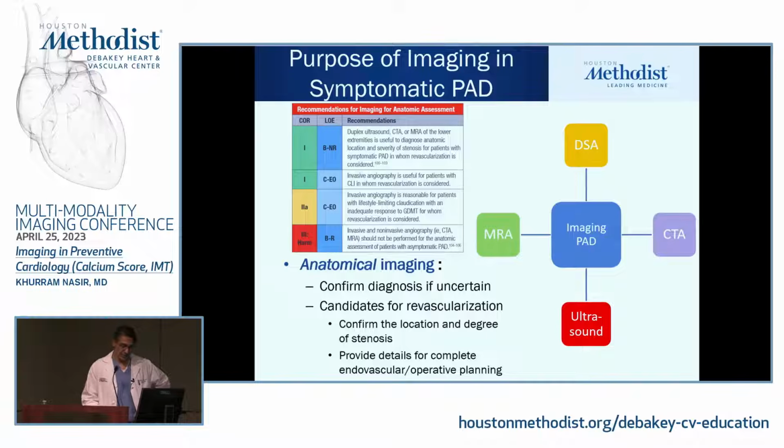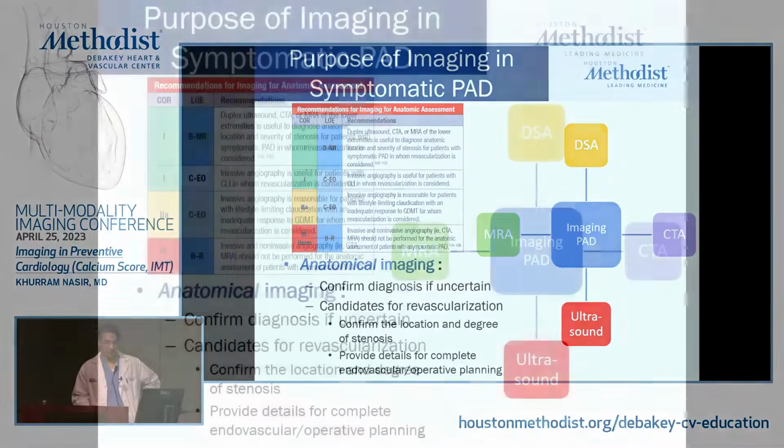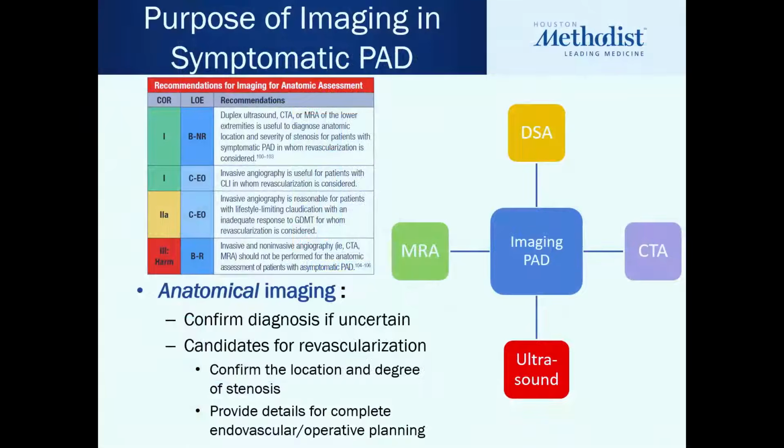So the guidelines recommend in that case any of the four imaging modalities that I've highlighted here, be it digital subtraction angiography, ultrasound, CTA, or MRI. These are all excellent tests for accurately evaluating the lower extremities, for two reasons.